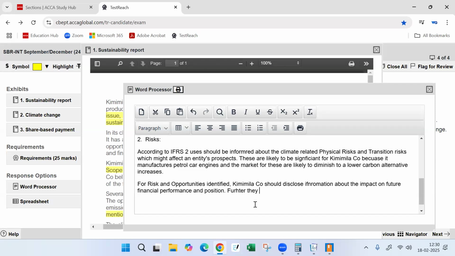Further, they should also disclose the impact on cash flows over the next 12 months. And as per IFRS S2, companies are required to disclose the impact over short term, medium term, and long term.